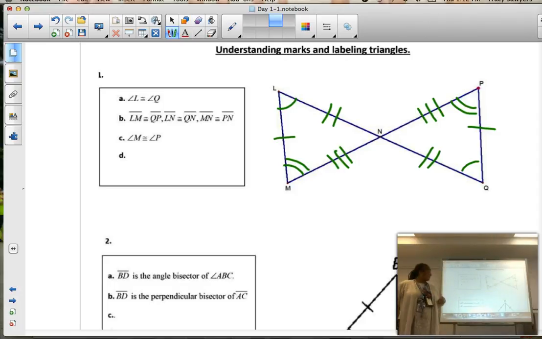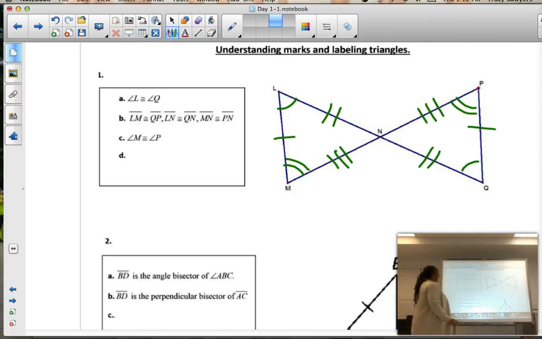Okay? Now look, Miss Sawyer's left a D there for us. What do you think that we can grab from the diagram and put over here in notation for geometry? What are you offering? Okay, tell me.